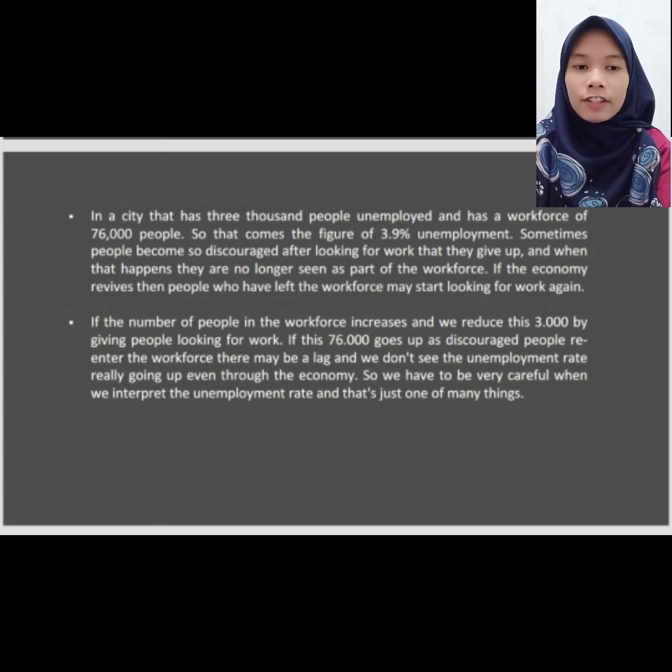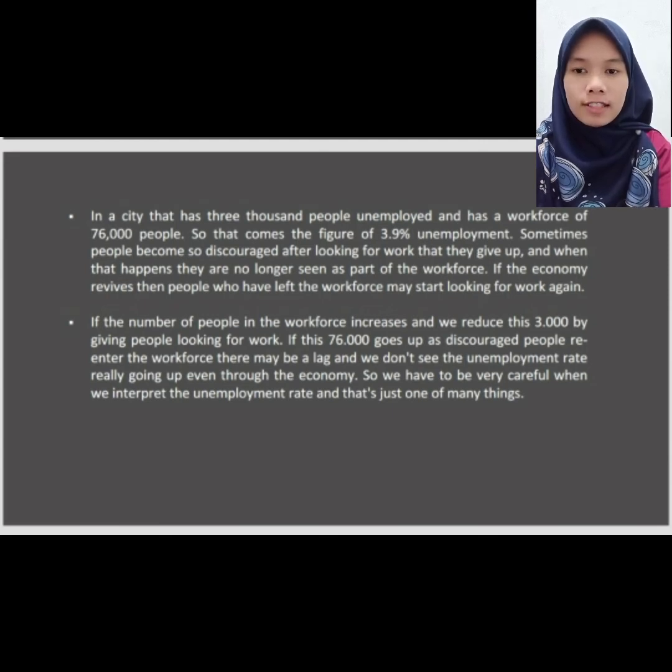The labor force does not include everybody. It's not just everybody who happens to live in a city. The labor force does not include children, so 8 years old do not count. They are not expected to be working.